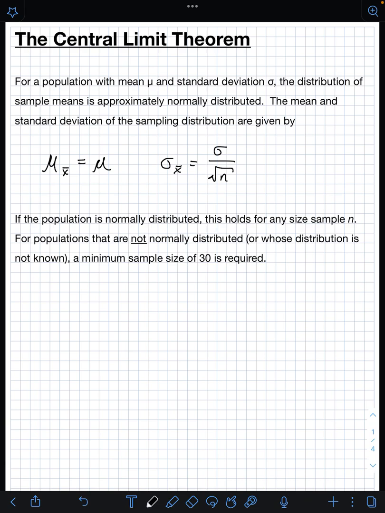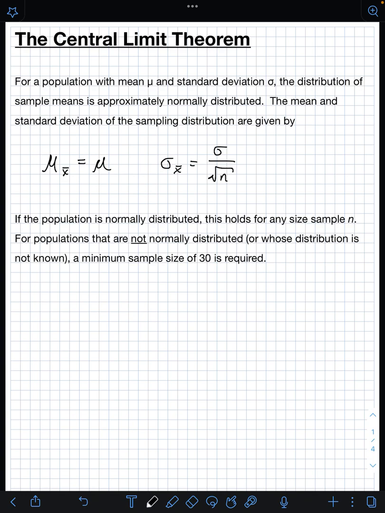So that longer time to converge on a normal distribution means that we're going to need a minimum sample size requirement.